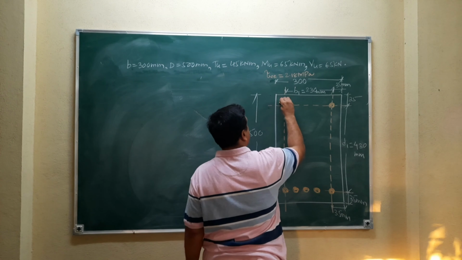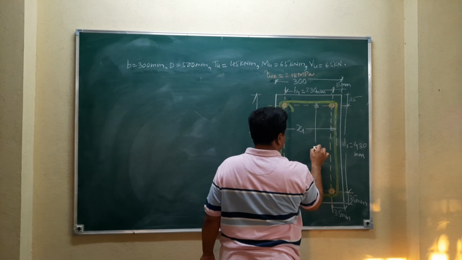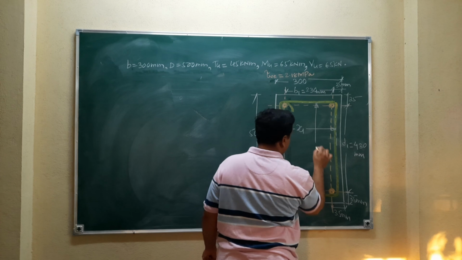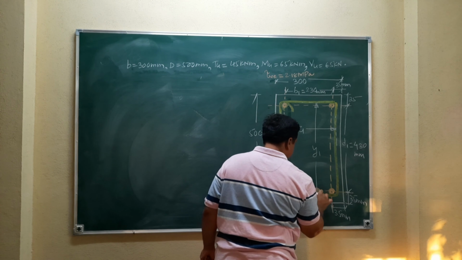Now what about x1, y1? If you provide the 8 mm diameter stirrups like this, the distance from the center of this leg up to the center of this leg is your x1, and the distance between the center of this leg and the center of this leg vertically is y1.